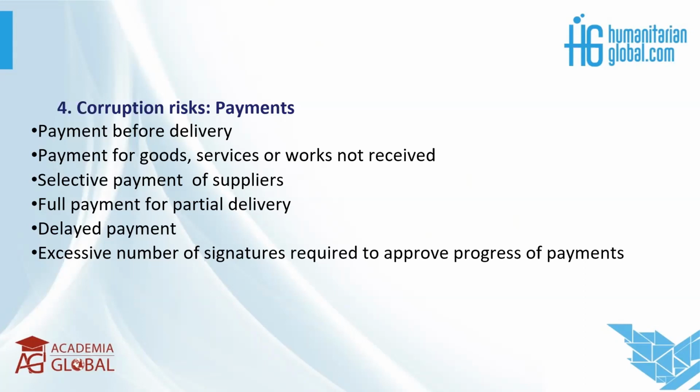So when we have many people who need to sign an invoice, those people might be involved in that tender and they know they have their cut from that invoice.